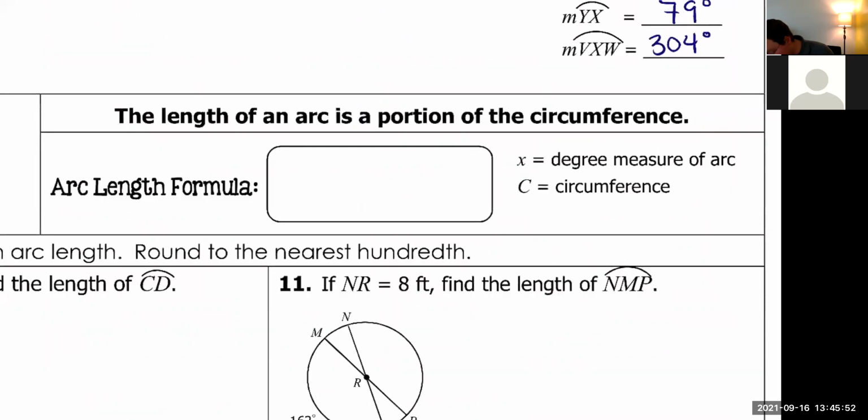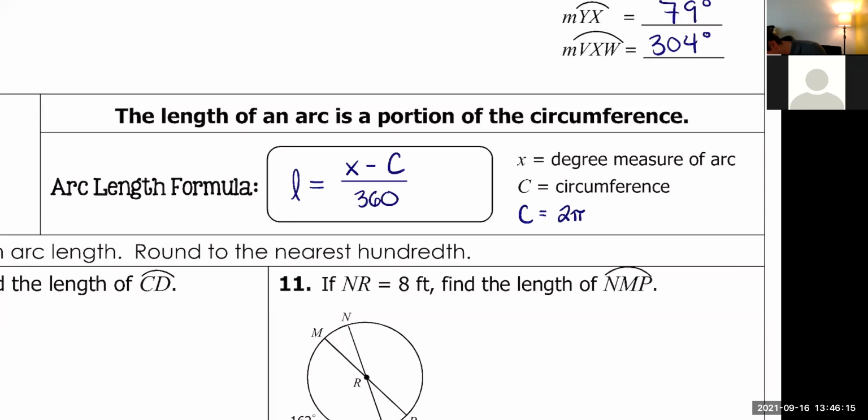But as a refresher, the arc length formula, L equals X over 360 times C. Now, as a quick recall, circumference C equals 2 pi r, or C equals pi times the diameter. And that's for if we need to calculate either of those measurements.